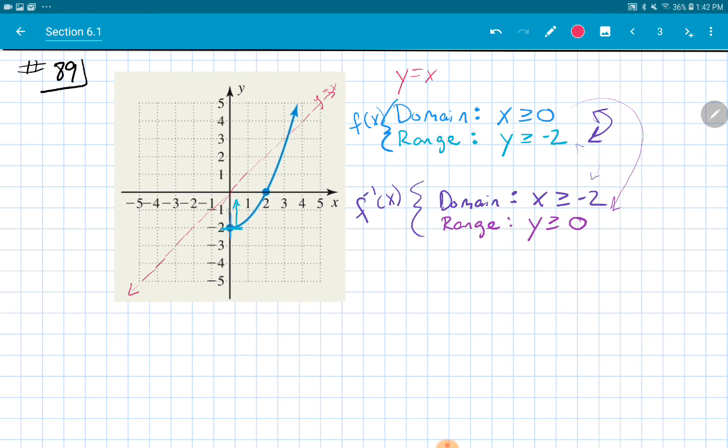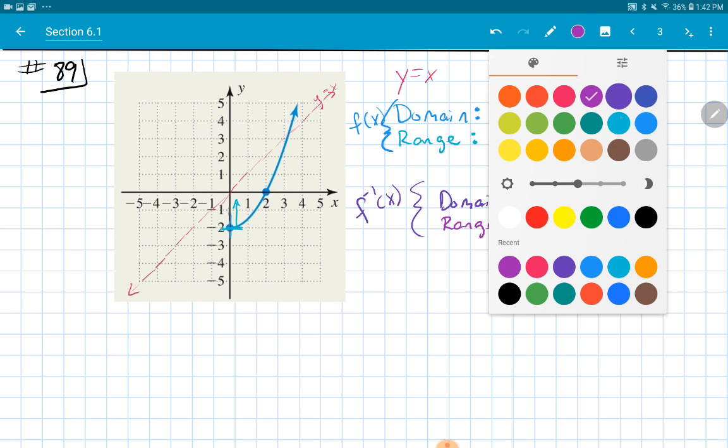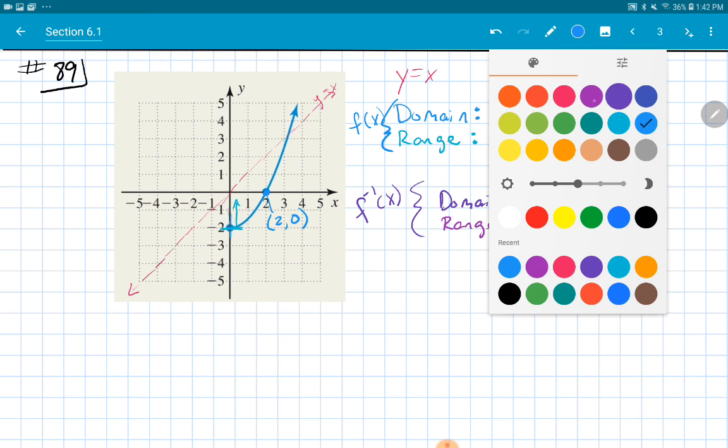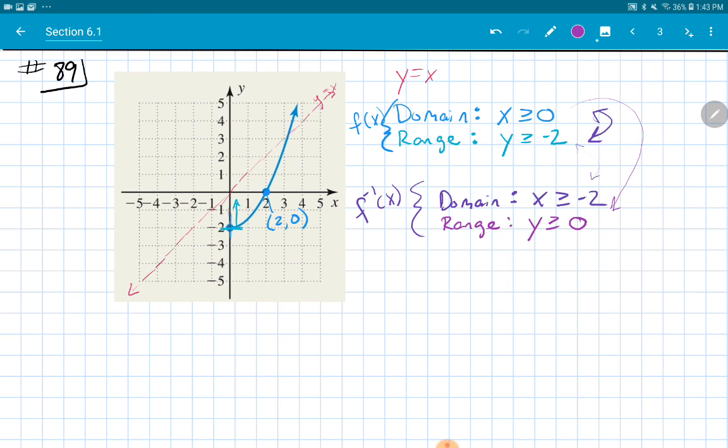And to find the f inverse, I'm going to flip over that y equals x line. So if my f function had the point 2, 0, that means my inverse function will have the point 0, 2.